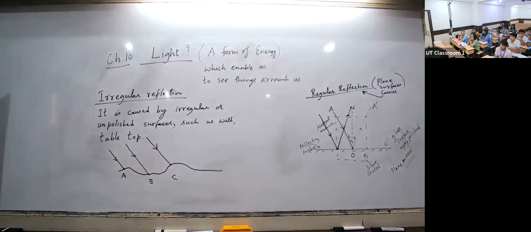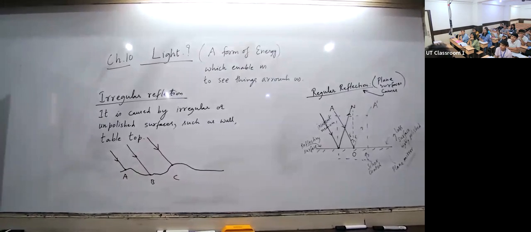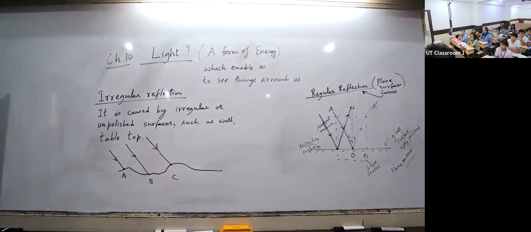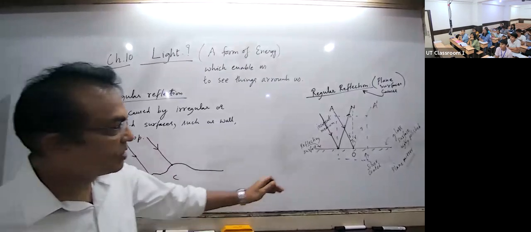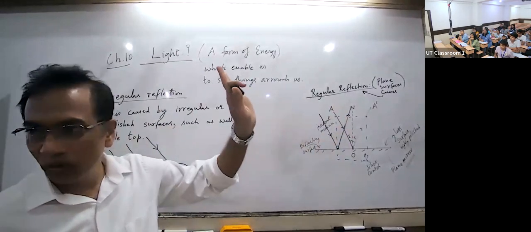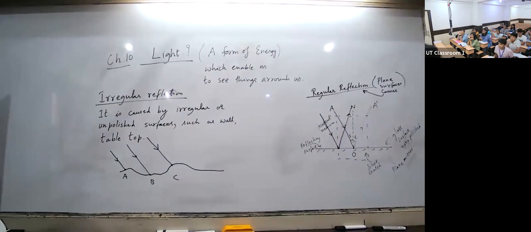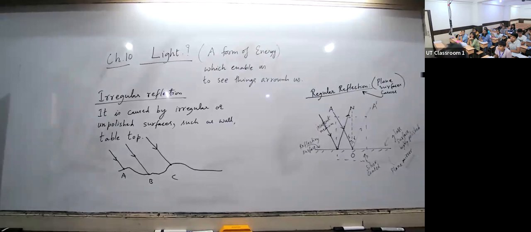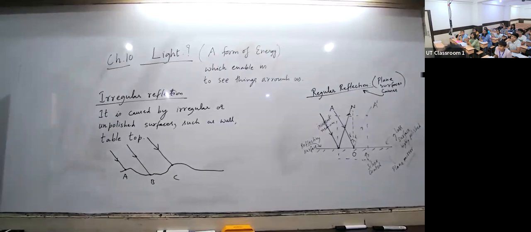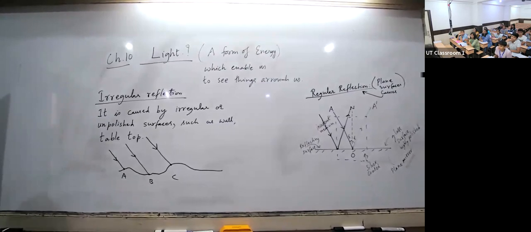To draw a reflected ray, what do you need to draw first? The normal. Now for a plane surface, the normal is perpendicular at that point. What about a curved surface? What is the normal? It's not perpendicular. So what is it?